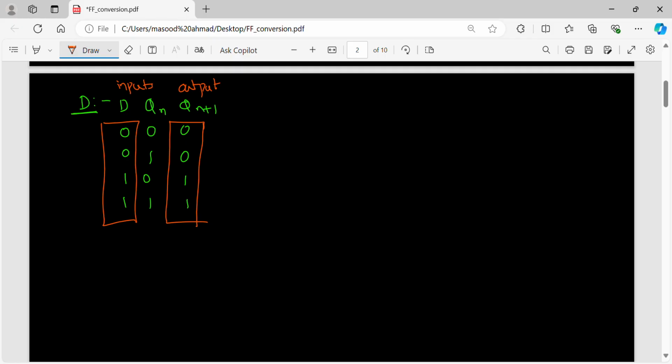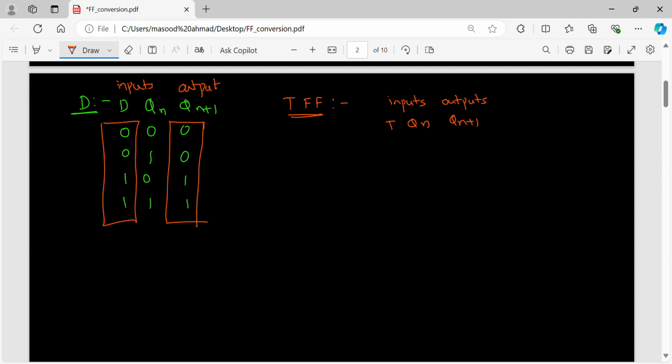Okay, so next we will look at the T flip flop. For a T flip flop, let's look at the inputs and outputs. The output is Qn plus 1. The inputs are T and, of course, the present state Qn.